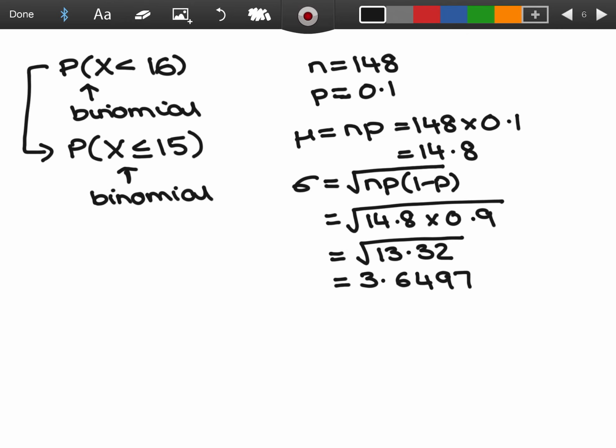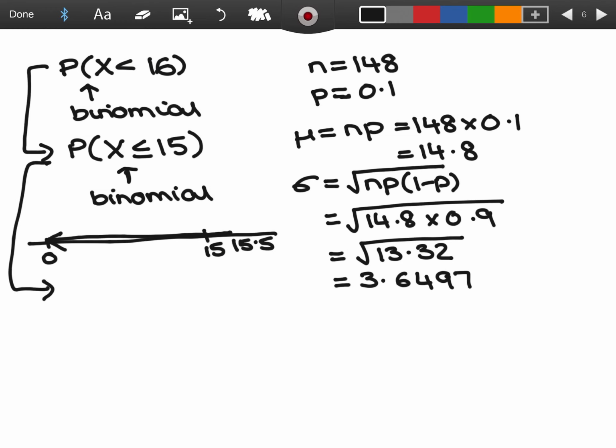Now I need to do continuity correction to get this into the normal distribution. Again, draw yourself a number line. This is less than or equal to 15. We need to make the set larger, make that line longer, so take it up to the values that still round down to 15, which would be 15.5.